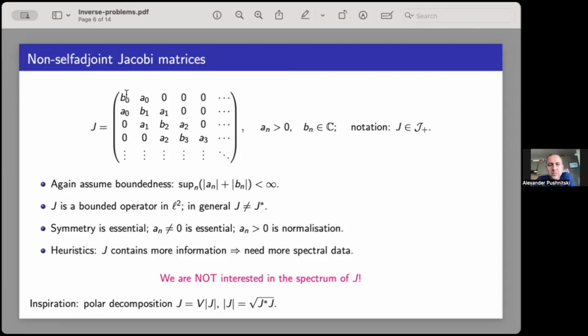I will denote by J plus the set of Jacobi matrices of this form, where I assume boundedness as before. The boundedness of coefficients implies that J as an operator on little L2 space is a bounded operator. But of course, because on the diagonal we have complex numbers, in general it's non-self-adjoint.